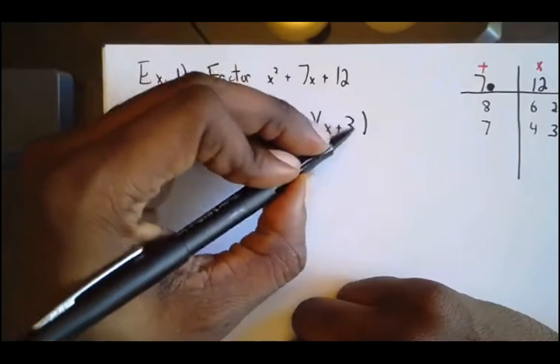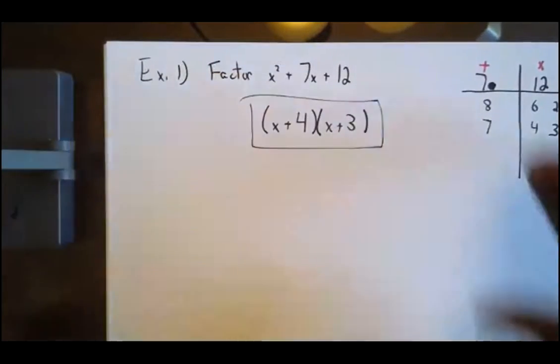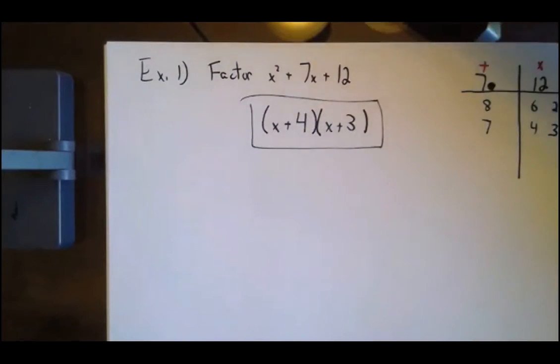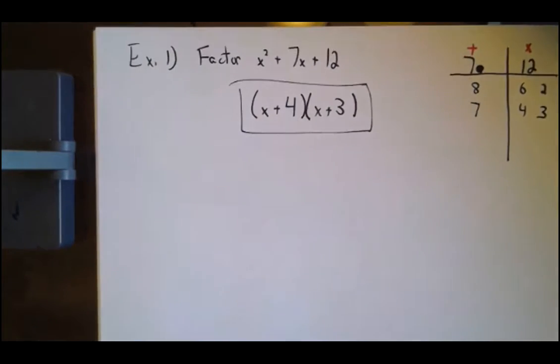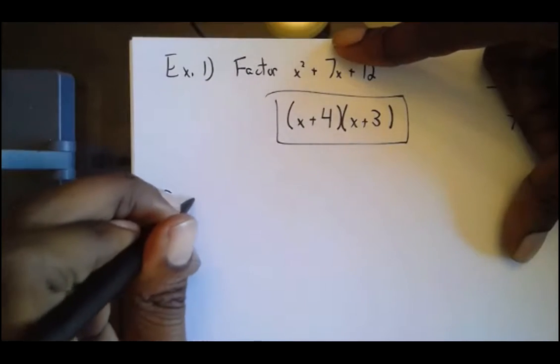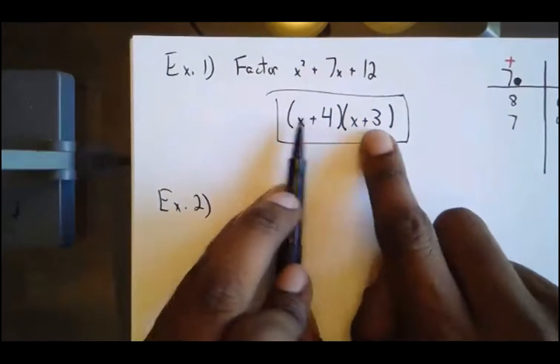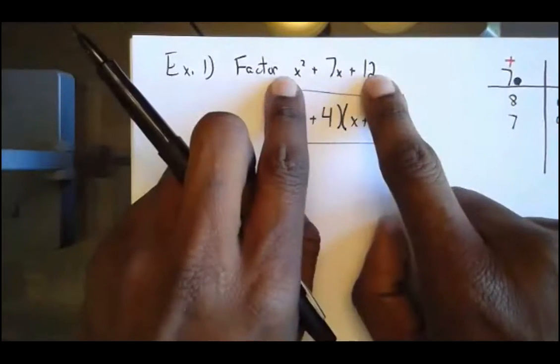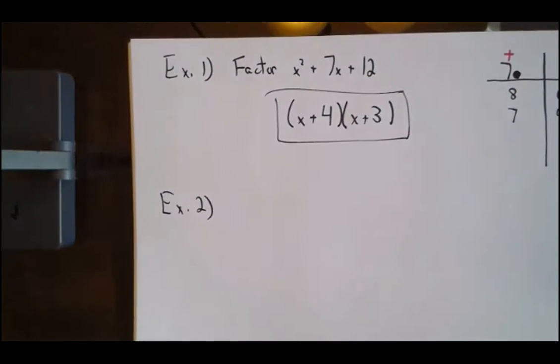Very good. That's your answer. There's nothing else to do, everybody. Because once you figure this out, you have your answer. Example 2. We're not going to FOIL it because we know that if we FOIL this, we get that again. Okay, so good job, Melody.